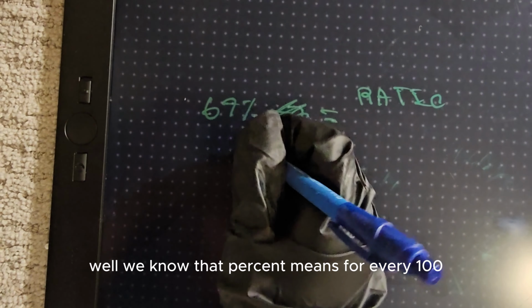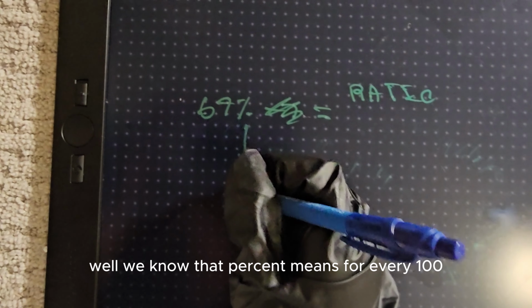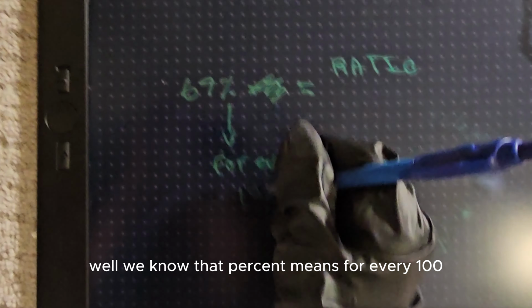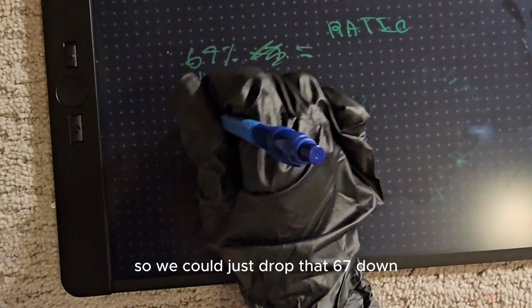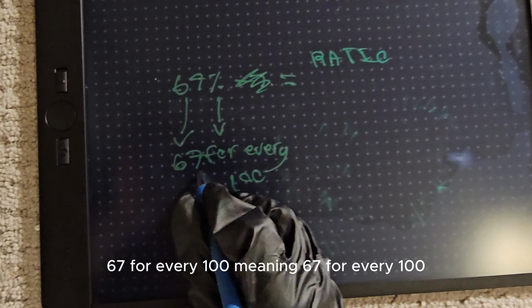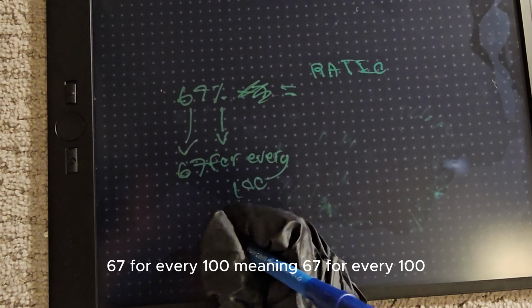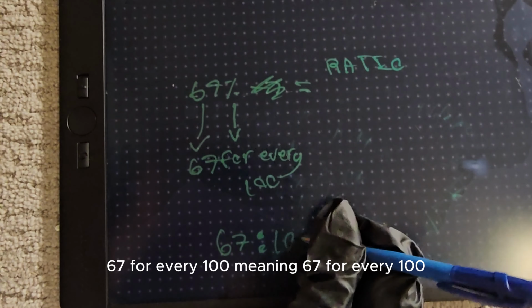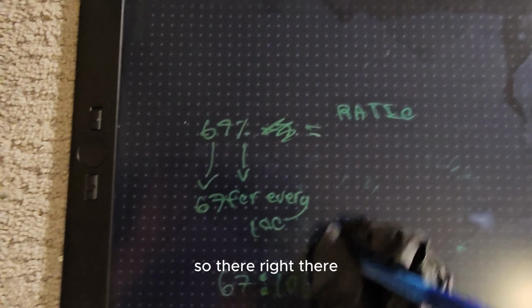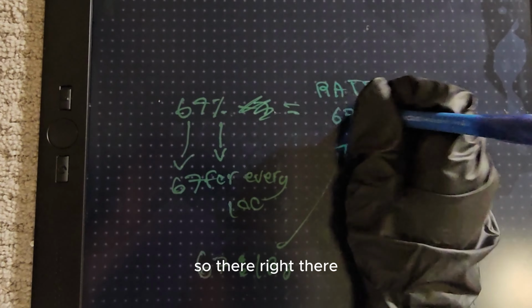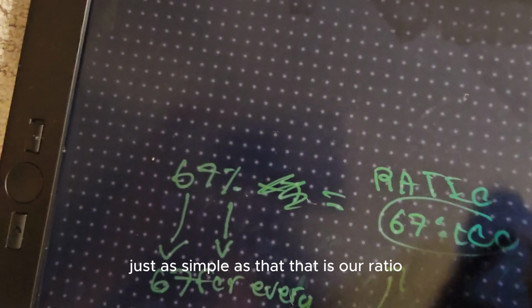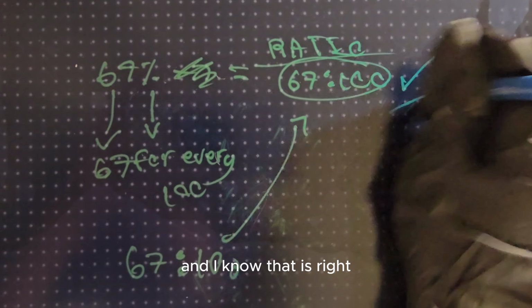Well, we know that percent means for every 100. So we could just drop that 67 down. 67 for every 100. So right there, that is our ratio. Just as simple as that. And I know that is right.